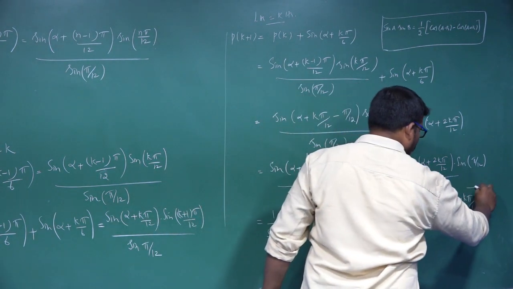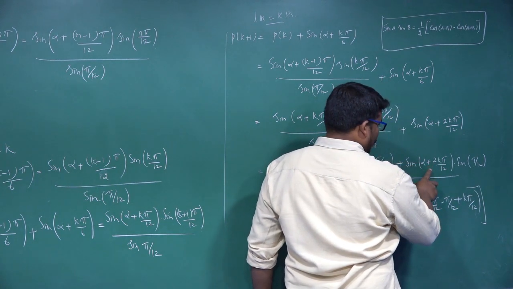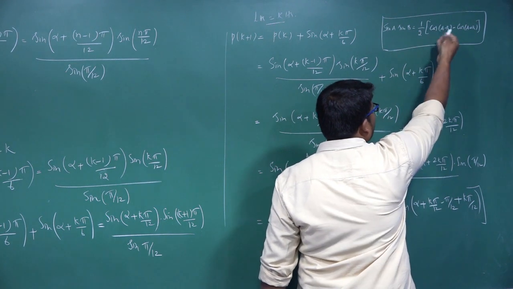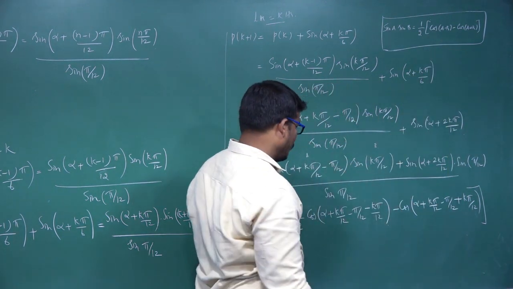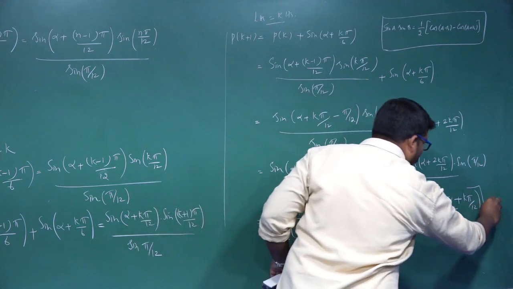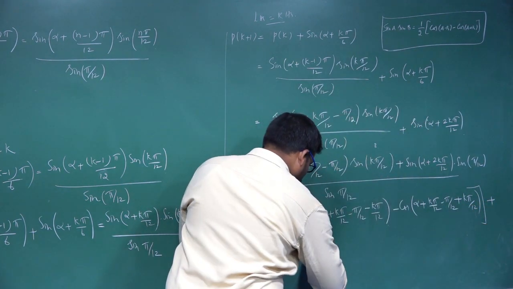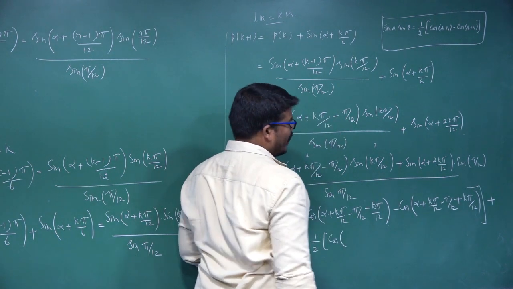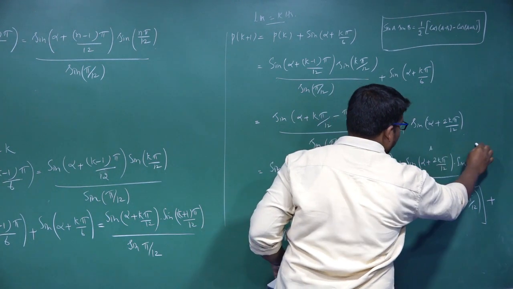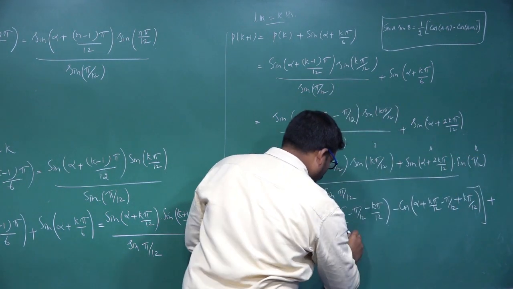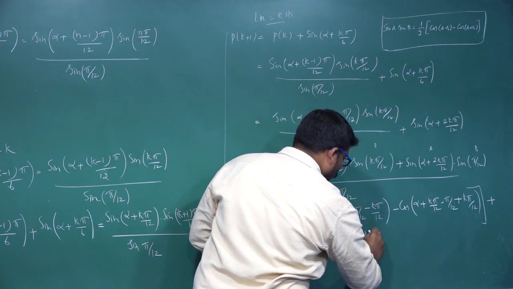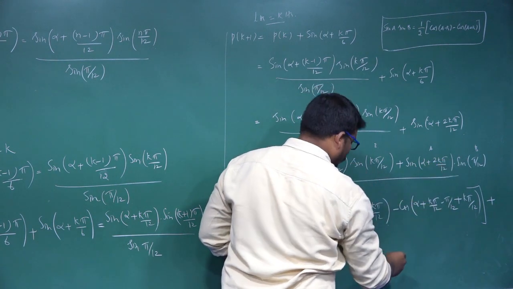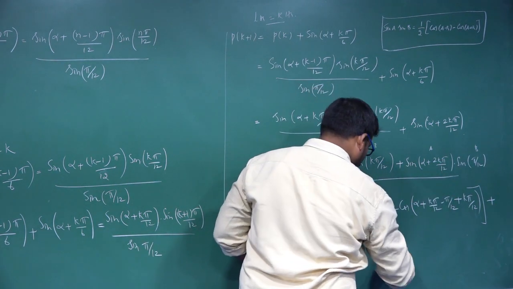The next one, same formula, sin A sin B: 1 by 2 cos A minus B minus cos A plus B. Apply the formula, plus 1 by 2 cos of A minus B, where A is alpha plus 2k pi by 12 and B is pi by 12, so alpha plus 2k pi by 12 minus pi by 12.